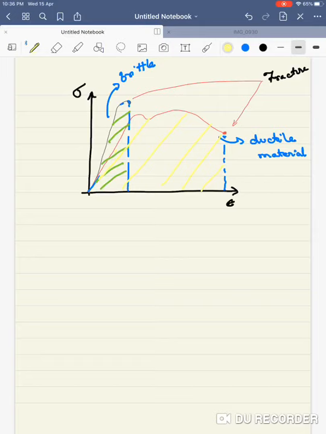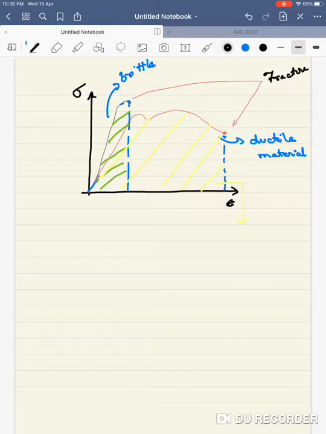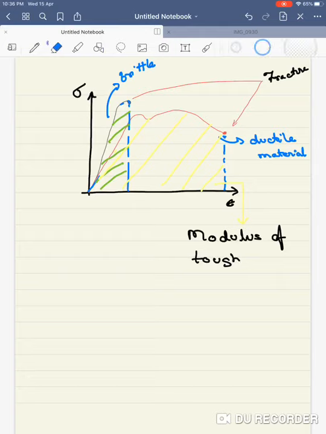This area under the graph is also called the modulus of toughness, often denoted as UT.